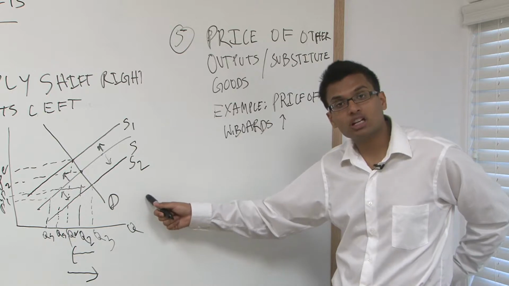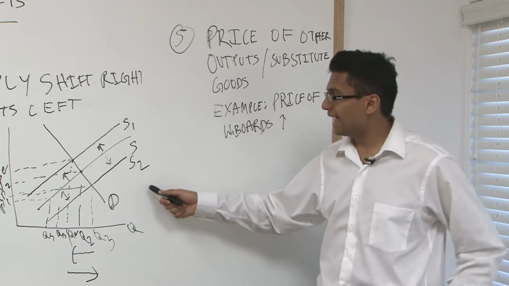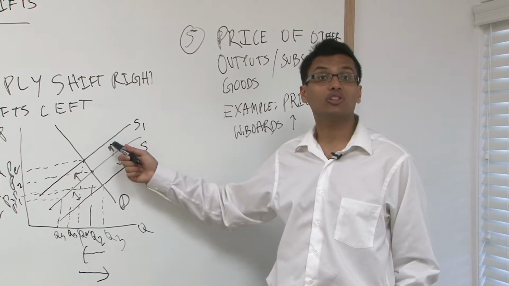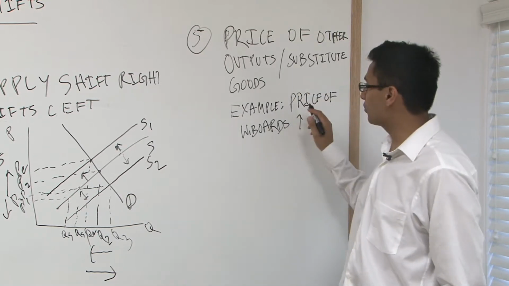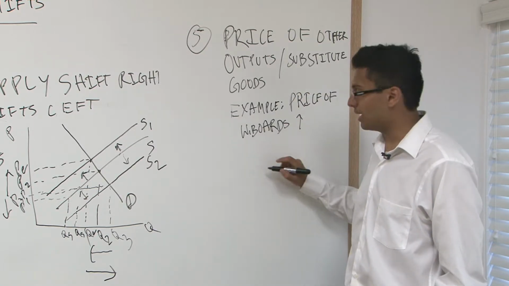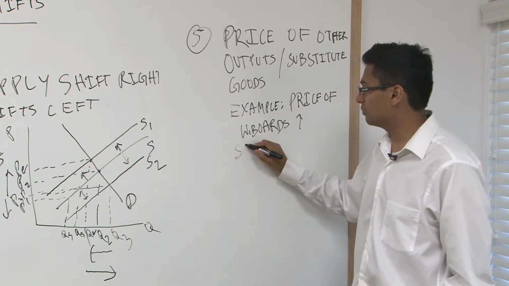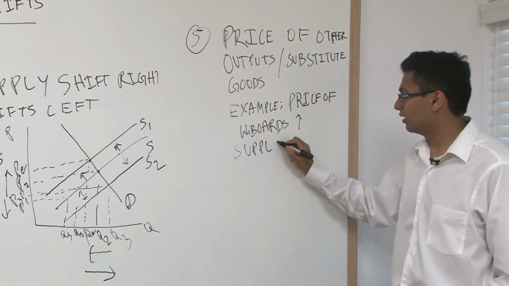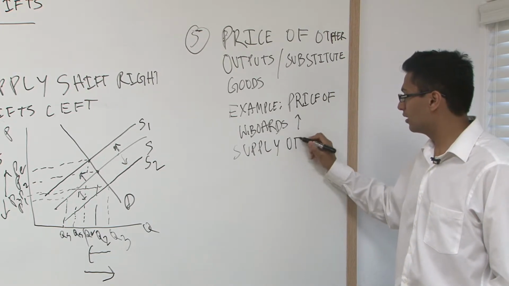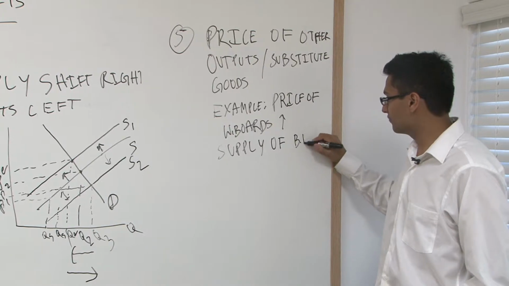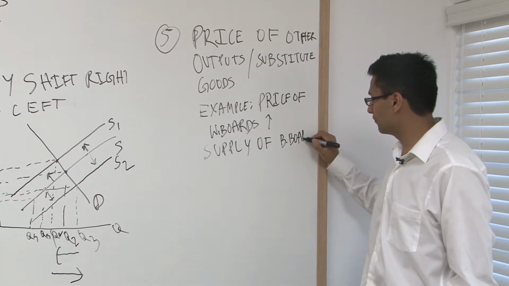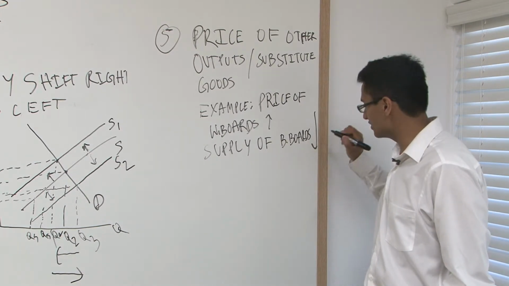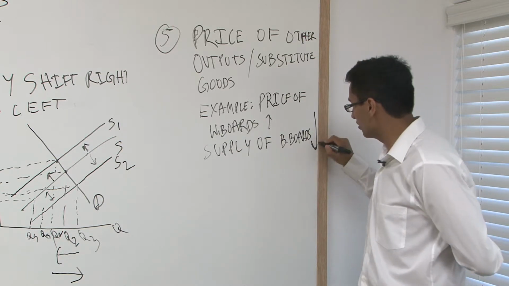So if this graph talks about blackboards, what's going to happen is the supply is actually going to shift left. If my price of whiteboards goes up, my supply of blackboards decreases. It's a downward sloping arrow, okay?